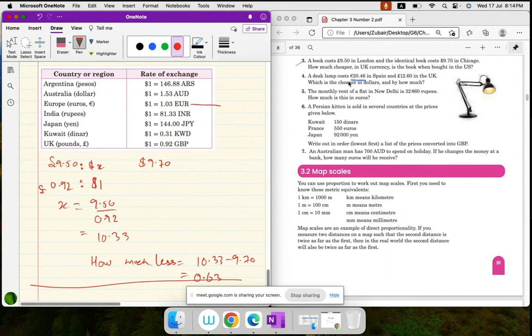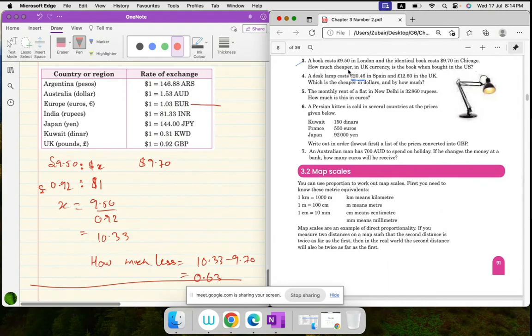Why are we getting different answers? Sir, can you try 20.46 divided by 1.03? And for pounds, sir, it's 16.38. Why are we getting different answers?